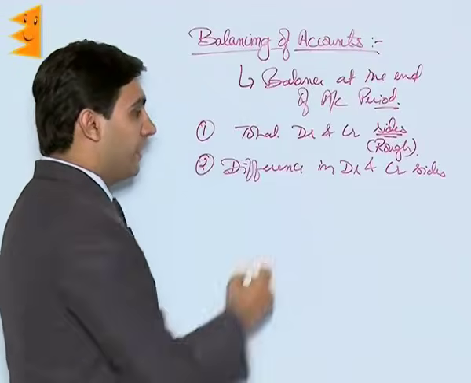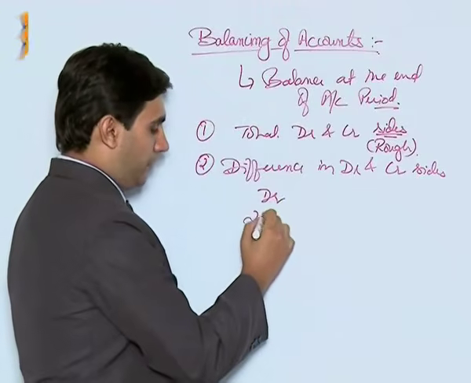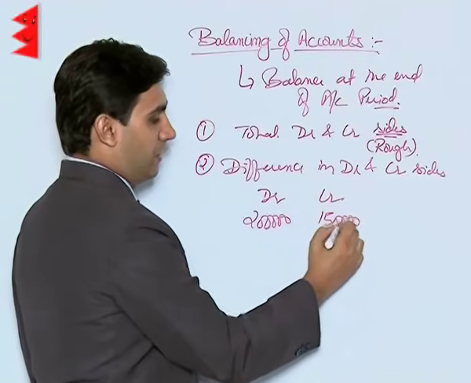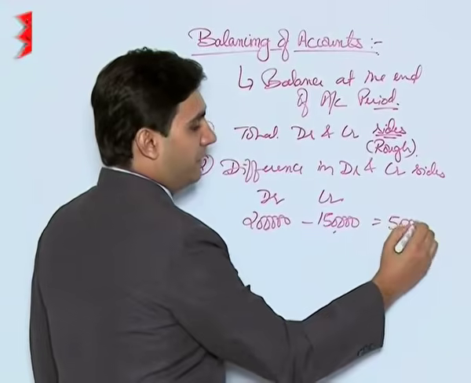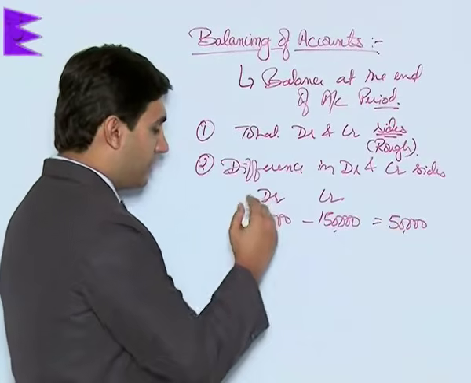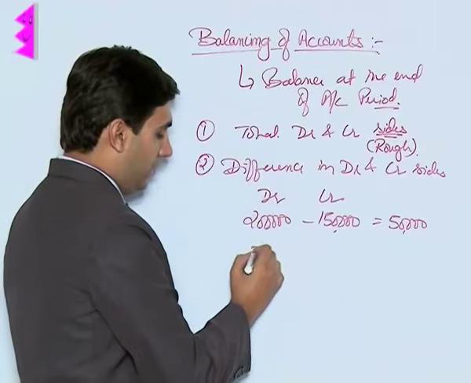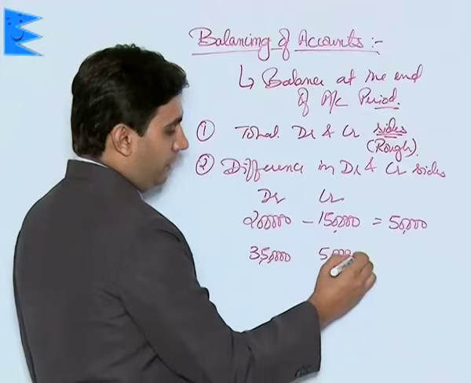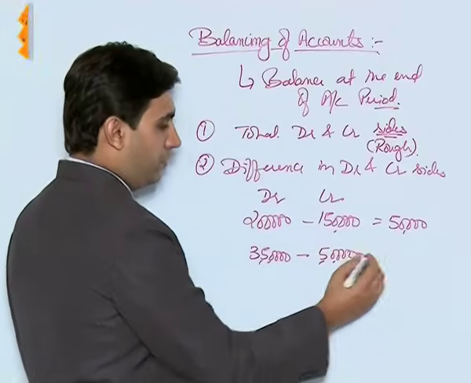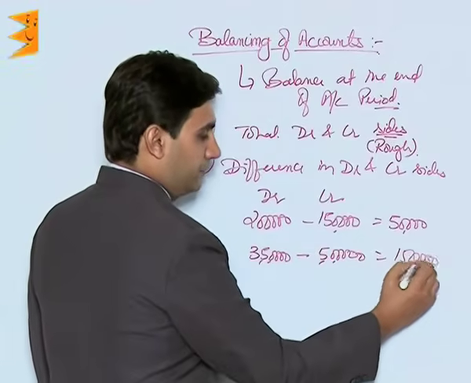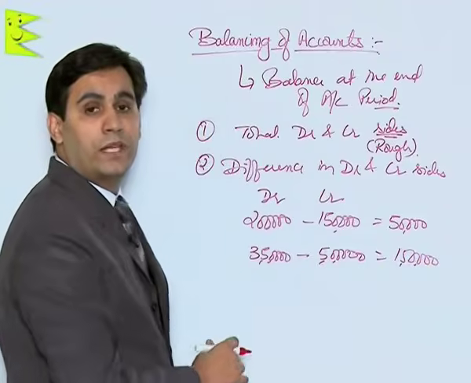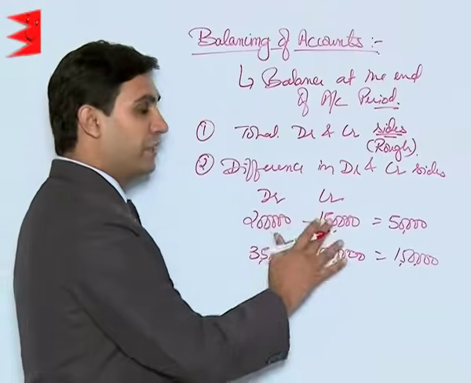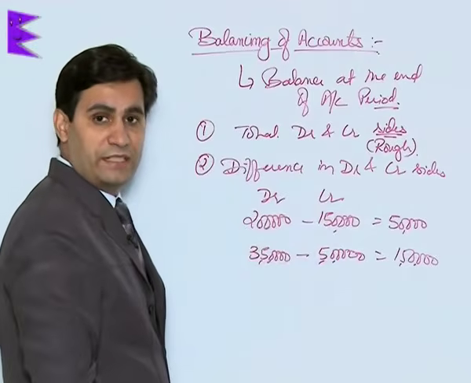That is, let's say if debit side has a total of 2 lakh and credit side has a total of 1,50,000, the difference is, subtracting them, 50,000. Either way, you can have debit with a total of, let's say, 3,50,000 and credit with a total of 5 lakh. So the difference would be 1,50,000. Obviously, we are not taking into account their positive and negative signs. So by difference we mean to find the difference in the totals of the debit and the credit side.